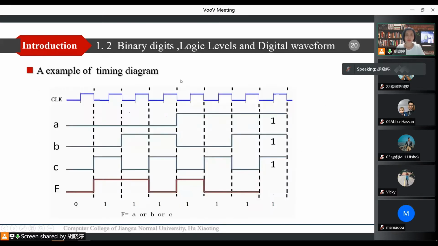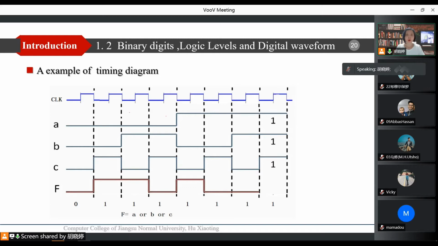Here you need to understand that we can use a timing diagram to describe the relationship between input and output of some circuit. We can use a mathematical formula to describe the relationship between input and output for some circuit.